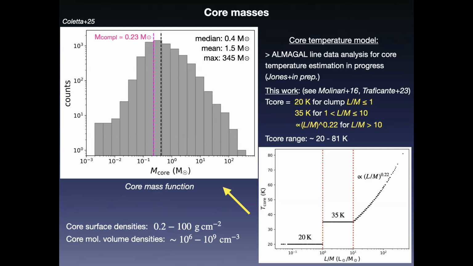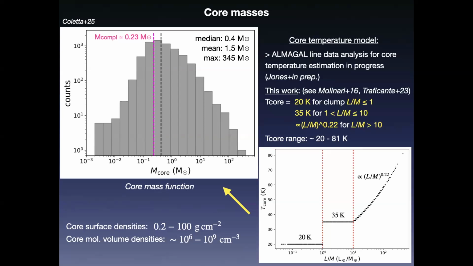We converted this flux value to mass, adopting an intermediate value for the distance to characterize the whole population on average terms, and we obtained this 0.2 value, which characterizes our core mass function in terms of completeness.